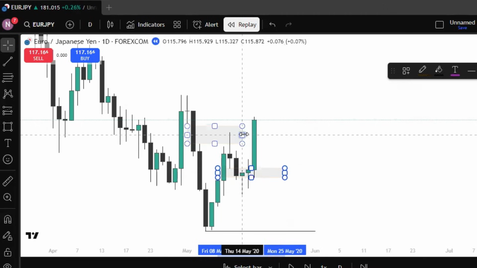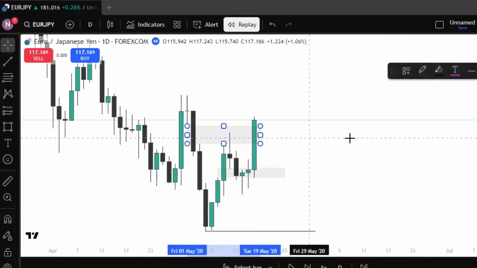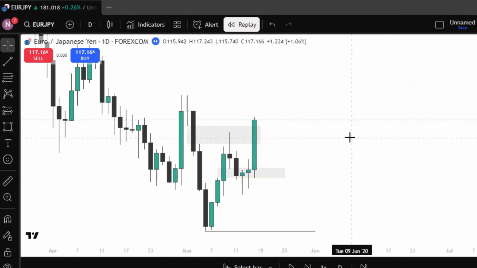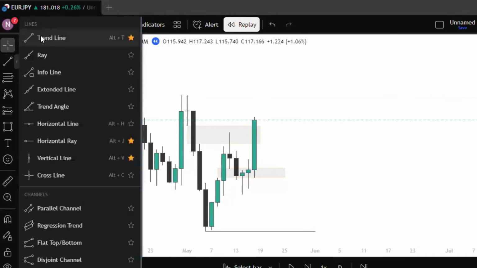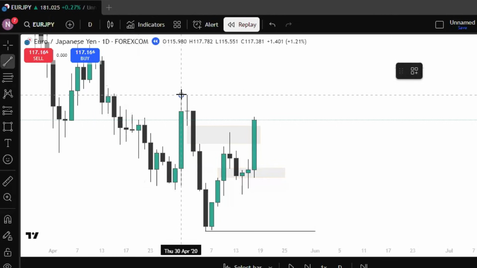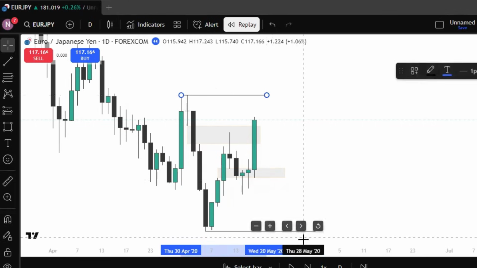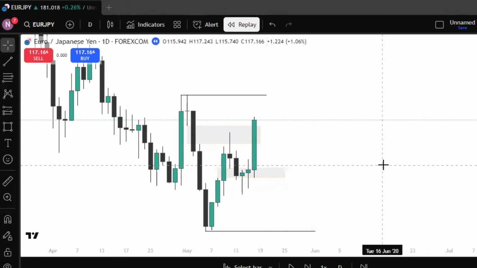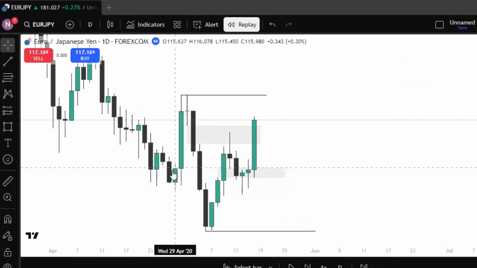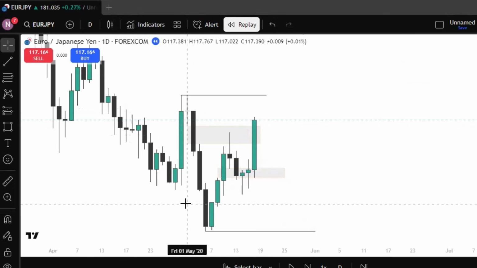Now, when we say that the market provides fair value and seeks liquidity, right? This is liquidity. This is external range liquidity. And I know you know what external range liquidity is. And this is external range liquidity too, because it's characterized by 3 candles, 1, 2, 3, a swing point, right?